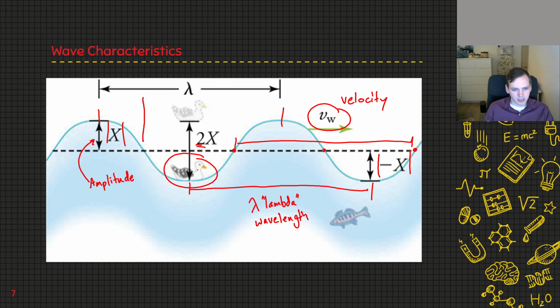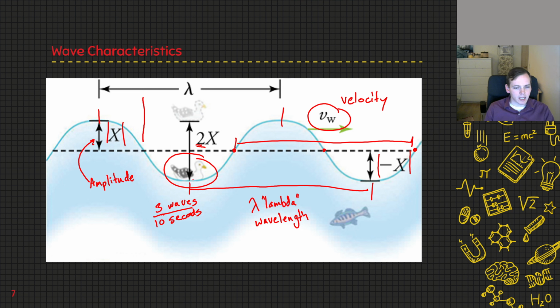So if the seagull's sitting here and after 10 seconds, 3 waves have passed, we'd say that the frequency is 3 waves per 10 seconds. Or if you want to make that waves per second, it would be 3/10 of a wave, 3 out of 10 waves every second. And that's just from dividing the 3 waves in 10 seconds, which is the same thing as saying 3/10 of a wave every second.